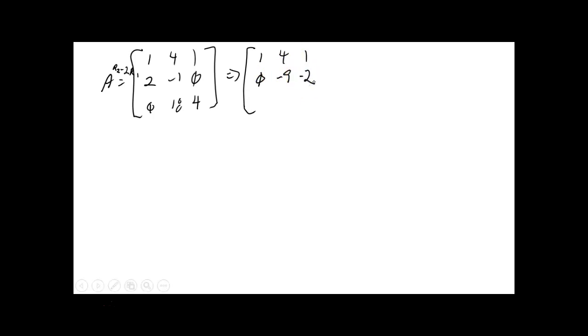Okay? And we'll leave the last row the same, 0, 18, 4. Now remember, that elementary row operation does not change the determinant at all.